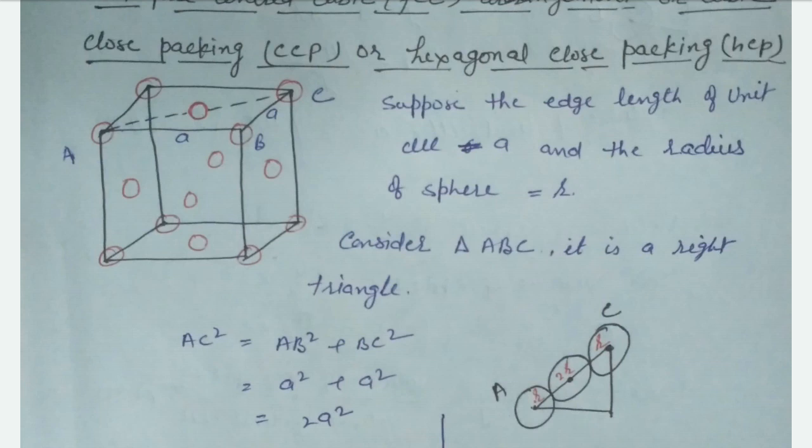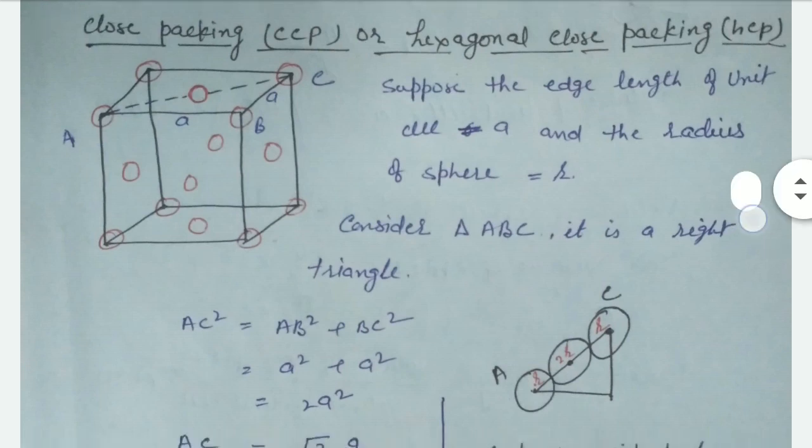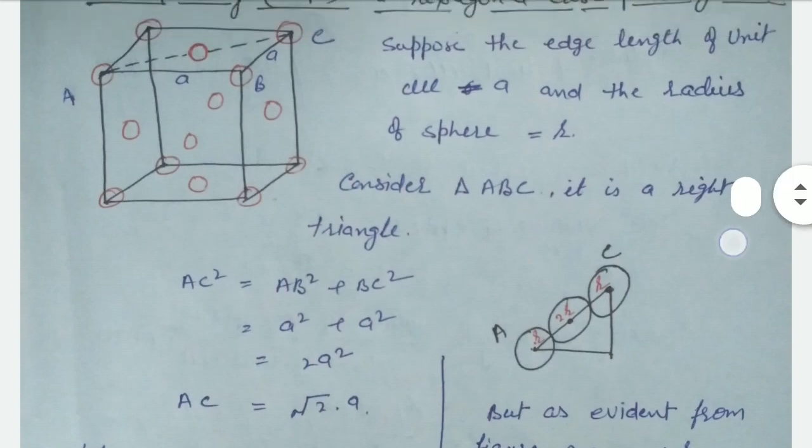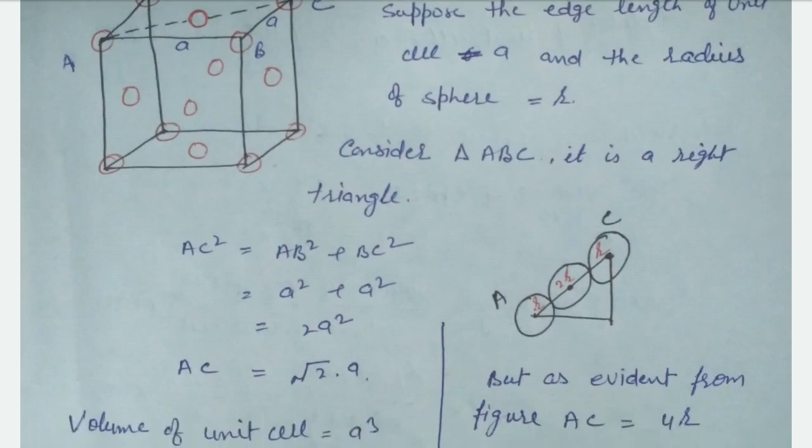Consider a right angle triangle ABC. We calculate AC square equals AB square plus BC square. The edge AB is a and BC is also a. Therefore, these are a square plus a square, equals 2a square. Then AC equals root 2 a.